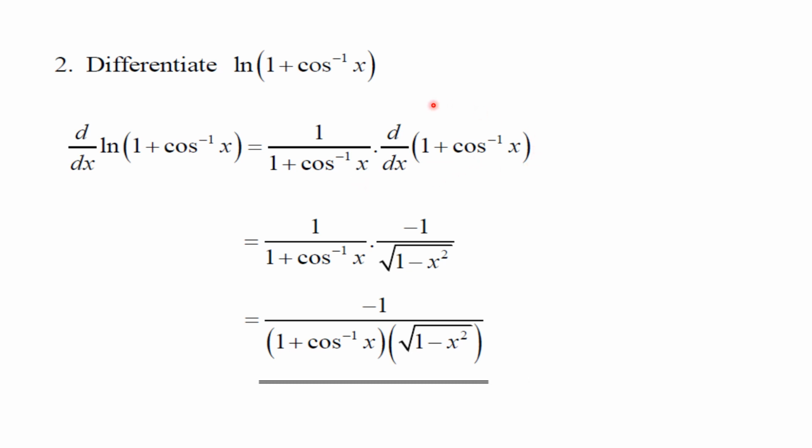Now we need to differentiate this, so we need to apply the inverse cosine derivative law. Differentiating 1 gives you 0. Differentiating cosine inverse x, as we have learned in the first table of this learning outcome, is negative 1 over the square root of 1 minus x squared. In the next line, you're just simplifying the function, rewriting it in a whole function form.